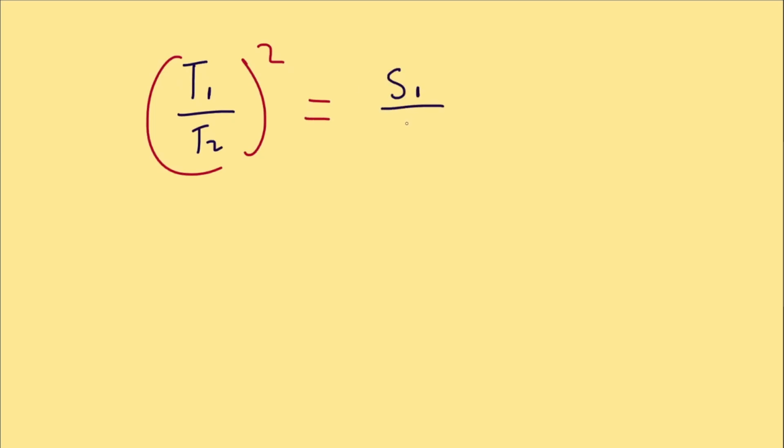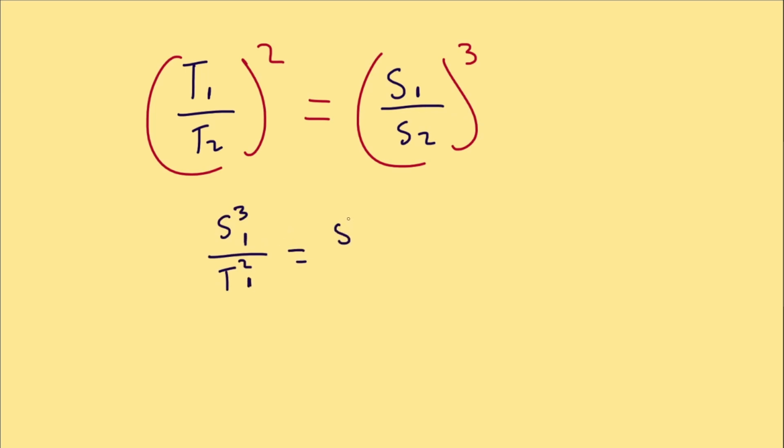The ratio between the orbital times of the two planets squared is equal to the ratio of the two distances from the sun cubed. And a variation of it is s1 cubed divided by T1 squared is equal to s2 cubed divided by T2 squared. Let me give you an example. Let's find Jupiter. So if you Google it, Jupiter's orbit is 11.86 Earth years.